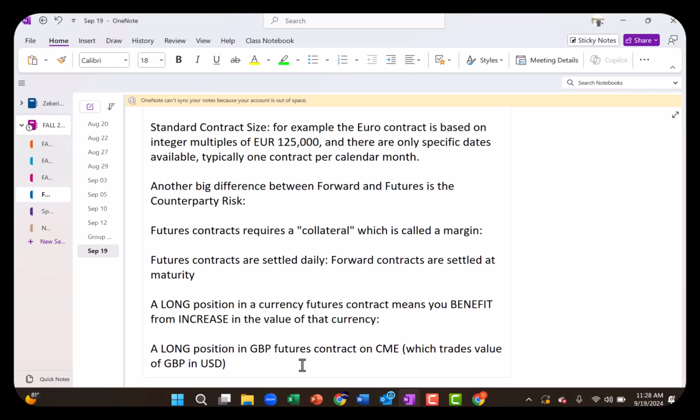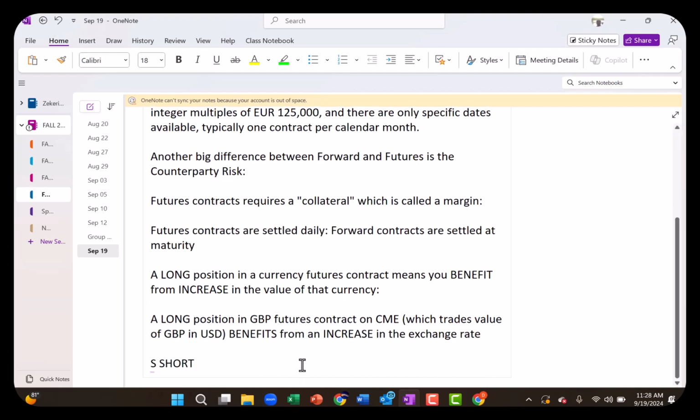But if I'm trading CHF contracts, it's the other way around from the convention. But the futures are always the value of the foreign currency in dollars. A long position in GBP futures contracts benefits from an increase in the exchange rate.